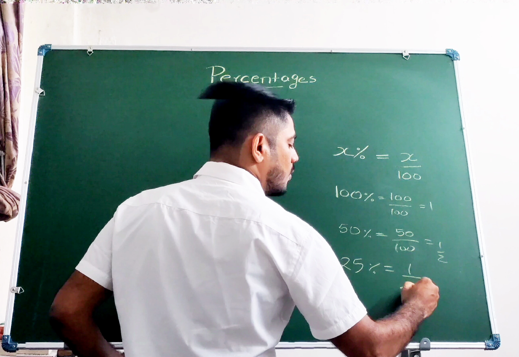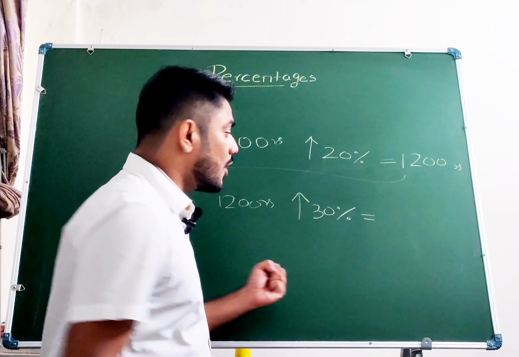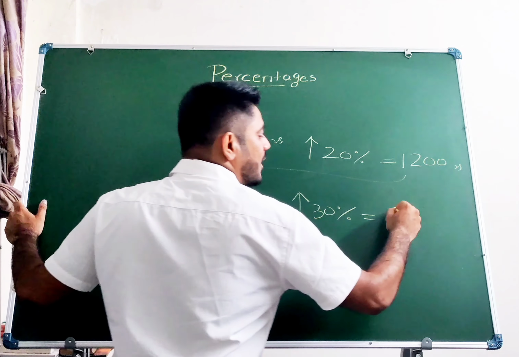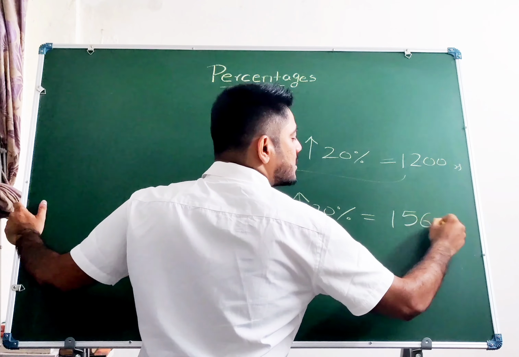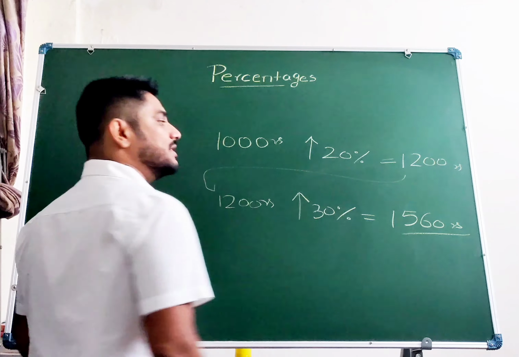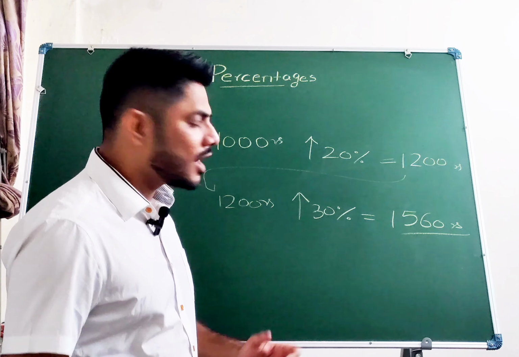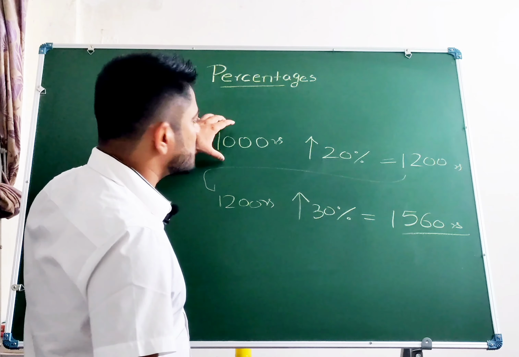So my new initial amount would be 1200 rupees, which is now increased by 30%. What is 30% of 1200? It is 360. Now, when I'm increasing it by 360, my final value is 1560 rupees.